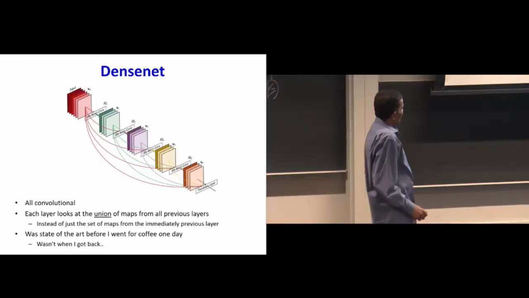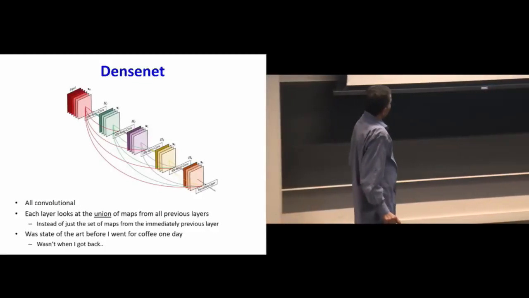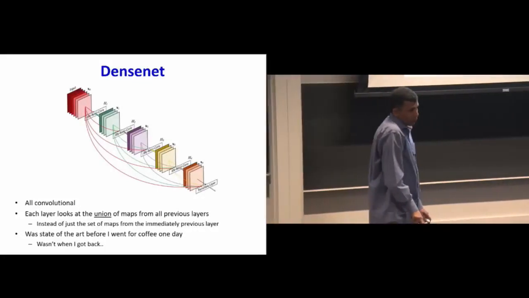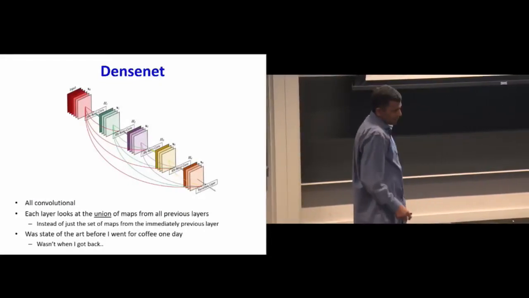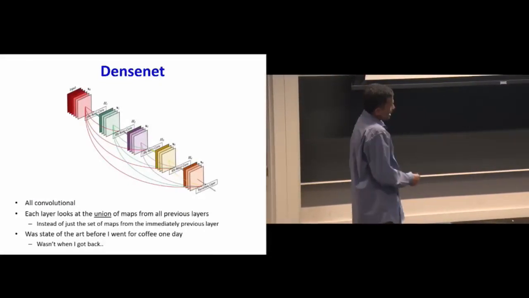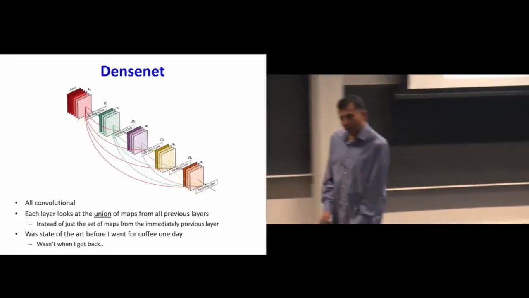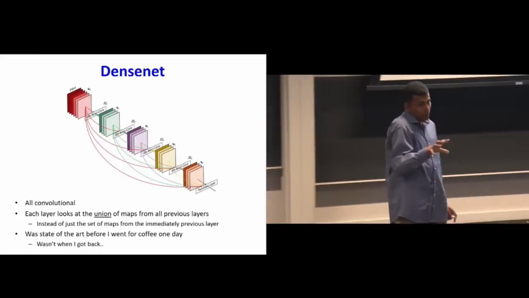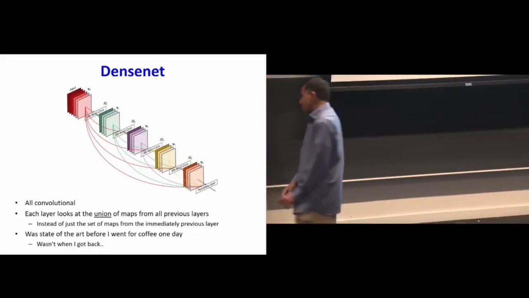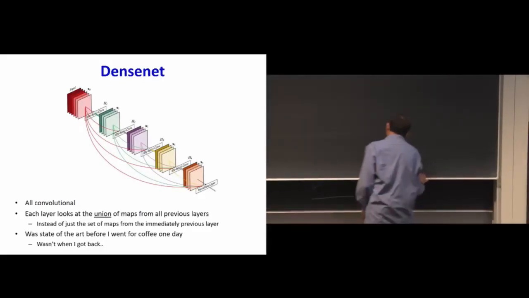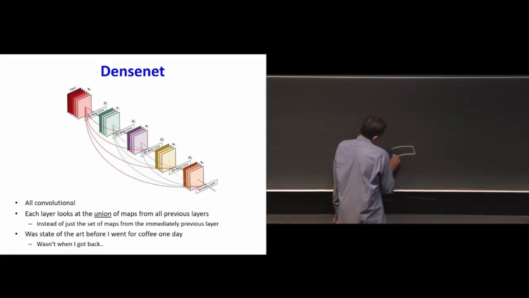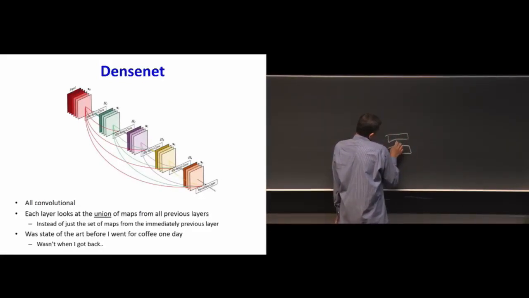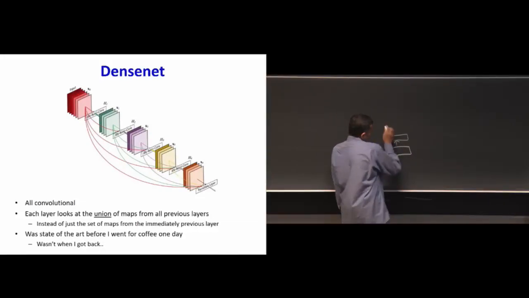The latest, a couple of years ago, there was an award-winning paper called the DenseNet, where the way to think about it is, you're scanning the input with a multi-layer perceptron, but it's not a multi-layer perceptron in the traditional sense. You have the initial layer, then the next layer, which is fed by this layer.